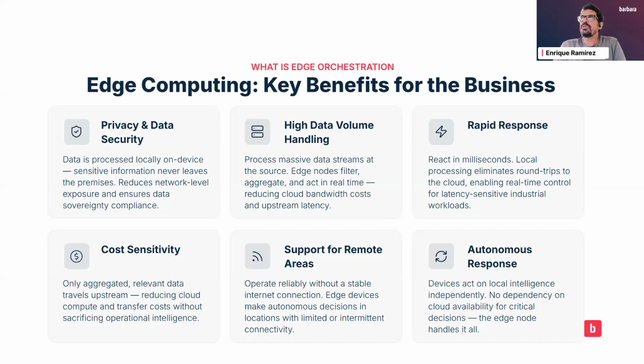So why should a Barbara customer want to run their application and their AI model in the edge instead of doing it in the cloud? We have six reasons here that allow us to understand better why they do that. Okay, so the first thing, and it's really obvious, but it's one of the most important topics, is privacy and data security.